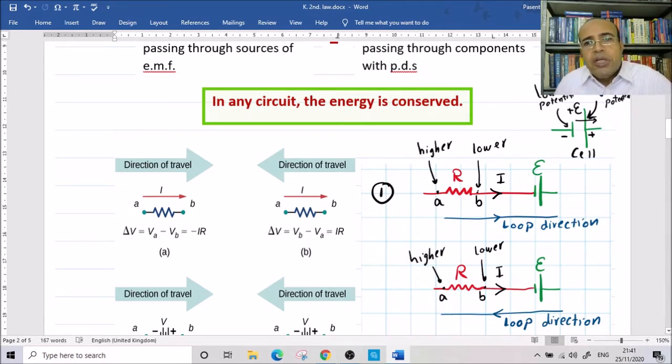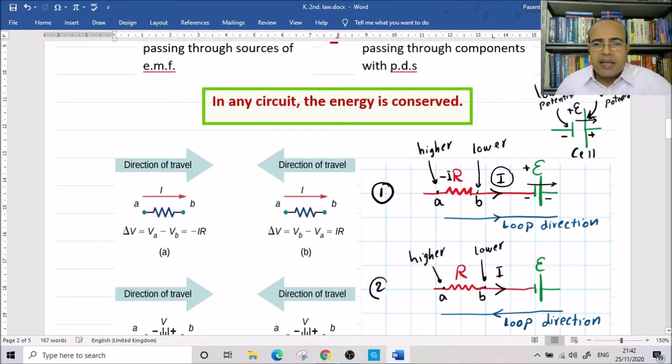It loses energy, so this one is negative IR. What about the cell? Because the charge goes from lower potential to higher potential, it gains energy, so this is a positive electromotive force. Remember, this is the direction of the loop, to the right, the same direction as the current in that loop.